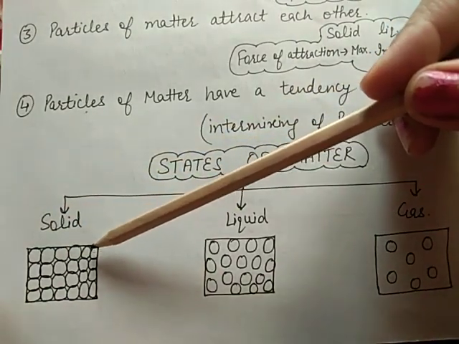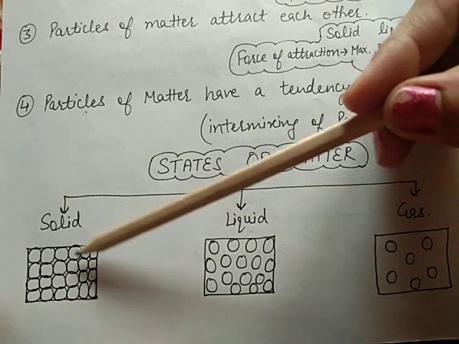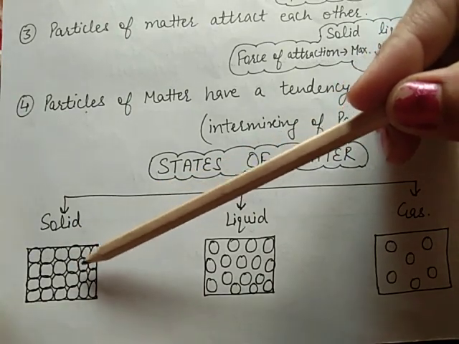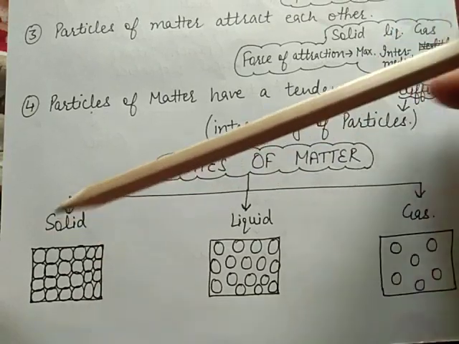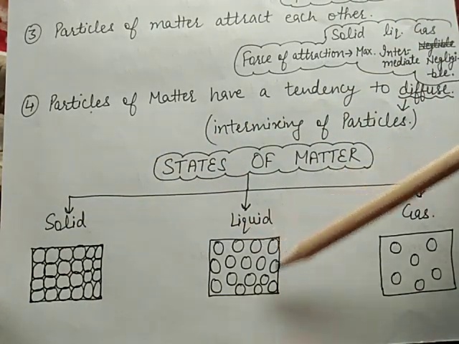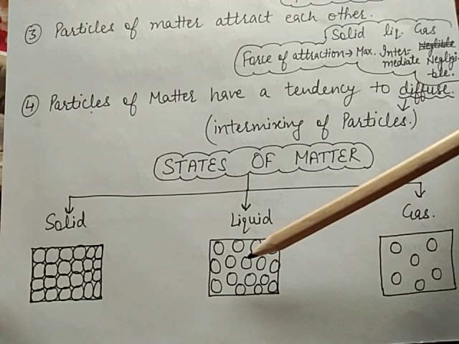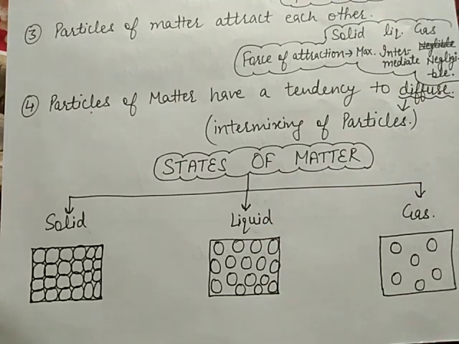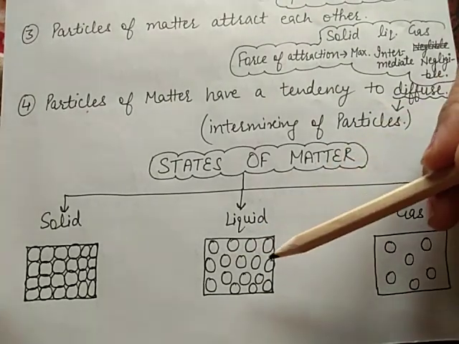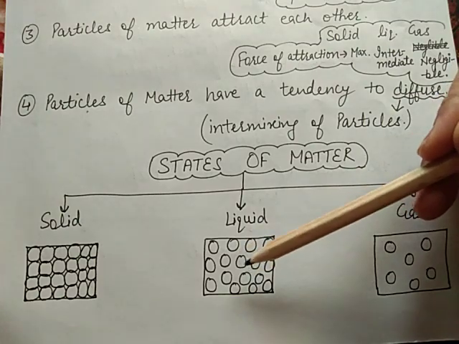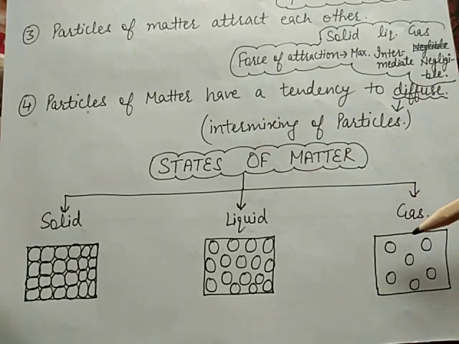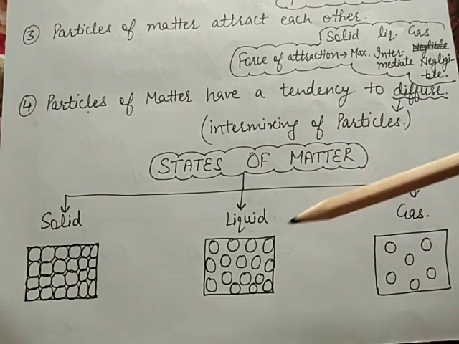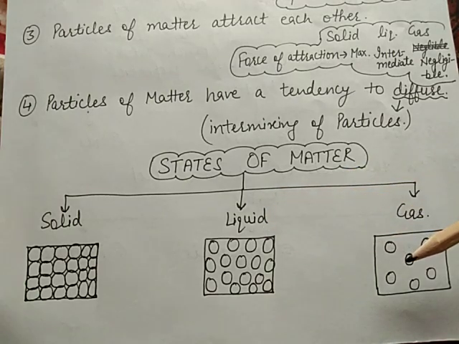Here you can see that in solids there is very little space, but in liquids the particles have more space as compared to solids. In gases, the particles have more space as compared to liquids.